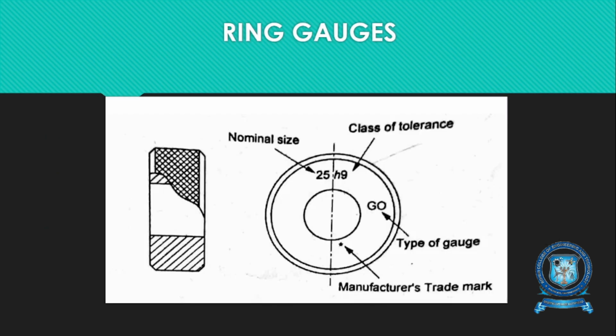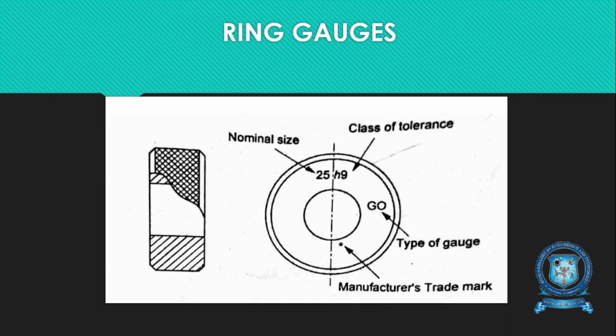And the next one is ring gauges. These ring gauges are mainly used for checking the external diameter of the shafts.